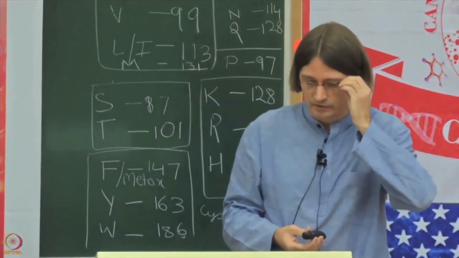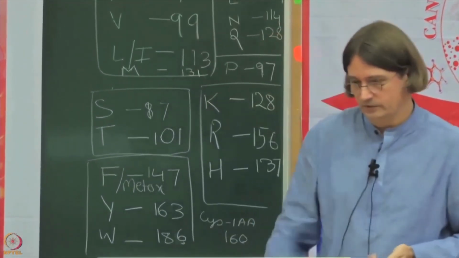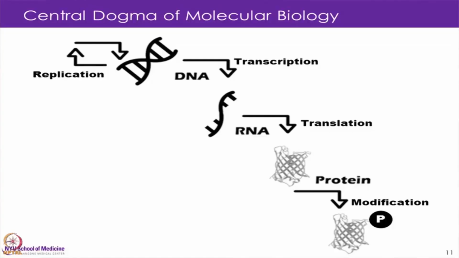Another thing we can do is go back to the central dogma of molecular biology, since we are now measuring these different kinds of molecules. We are doing whole genome sequencing, we have RNA-seq data, we measure the protein levels, and we measure how many modifications we have.